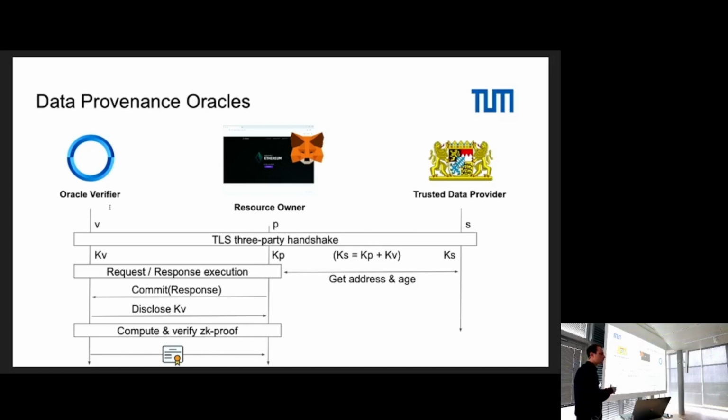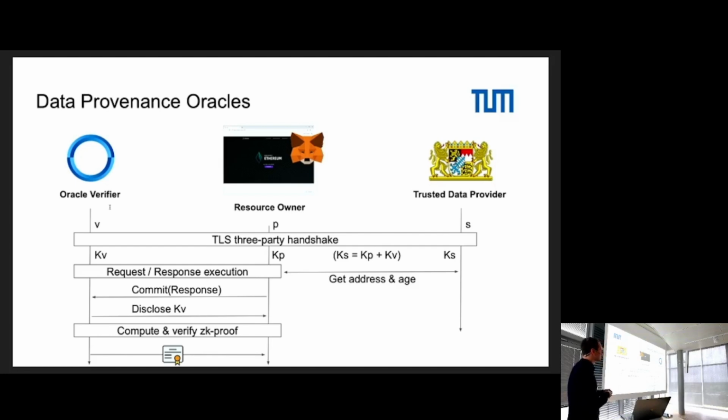And now in secure computation, as introduced before, they can, in a two-party fashion, compute the key derivation of the session keys and then compute the authentication tags for the messages. They can only do this together. This way the verifier knows that the resource owner cannot cheat, and the resource owner knows that the verifier can never access the data that is requested.